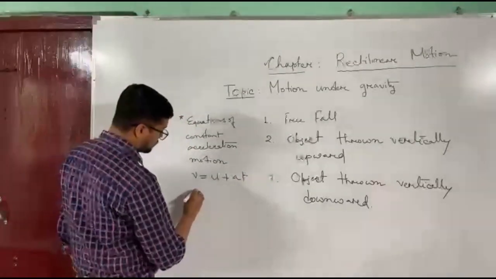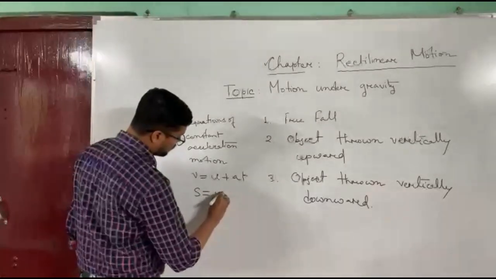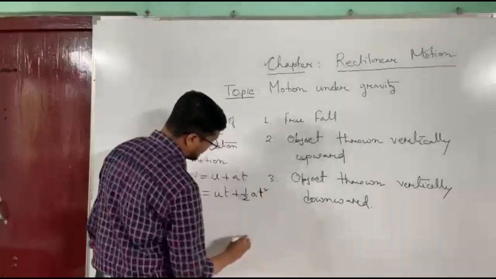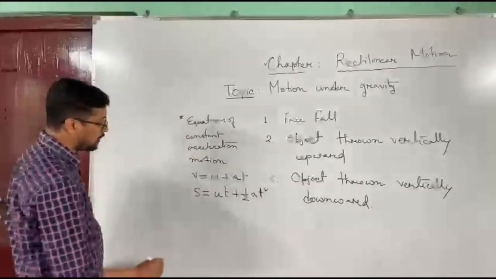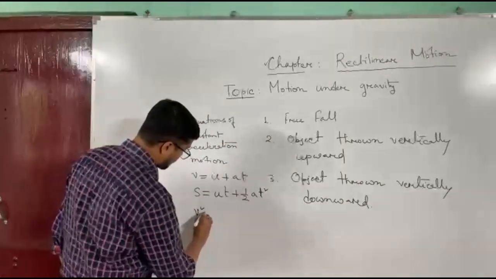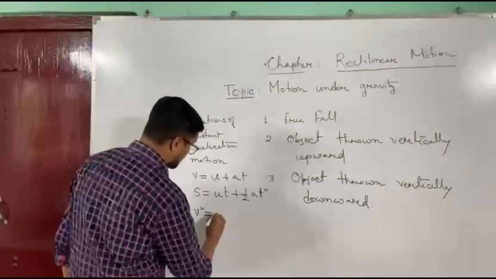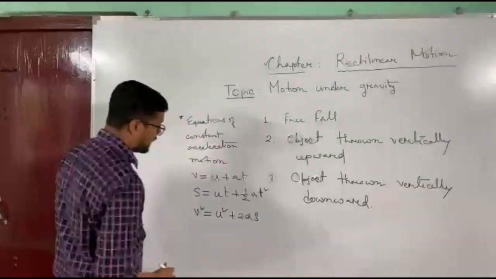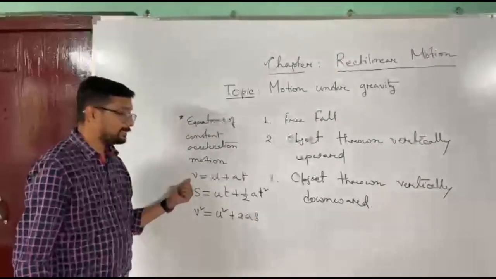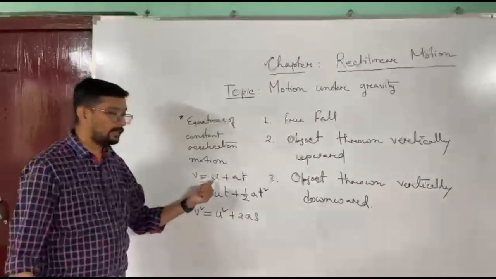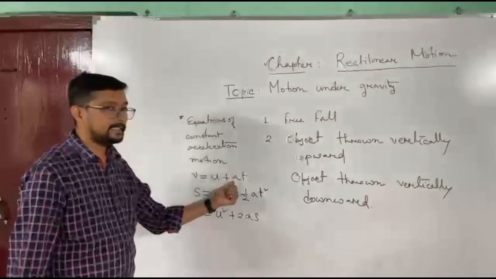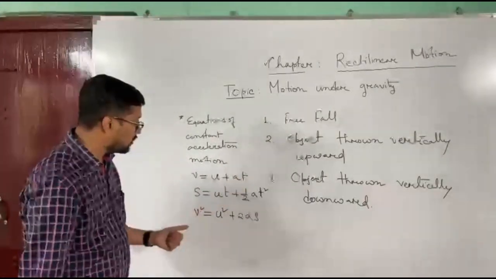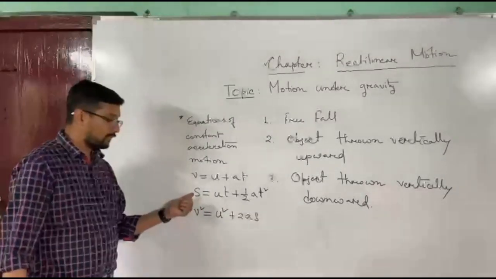Second equation is S is equal to UT plus half AT square, and the third equation is V square is equal to U square plus twice AS, where V is the final velocity of motion, U is the initial velocity of motion, A is the acceleration of motion, and T is the time taken during the motion, and S is displacement.